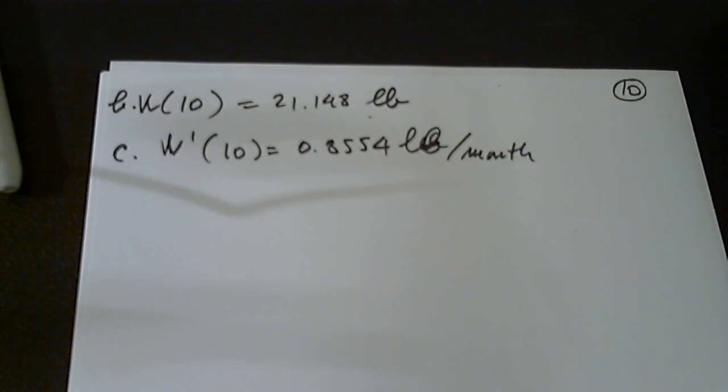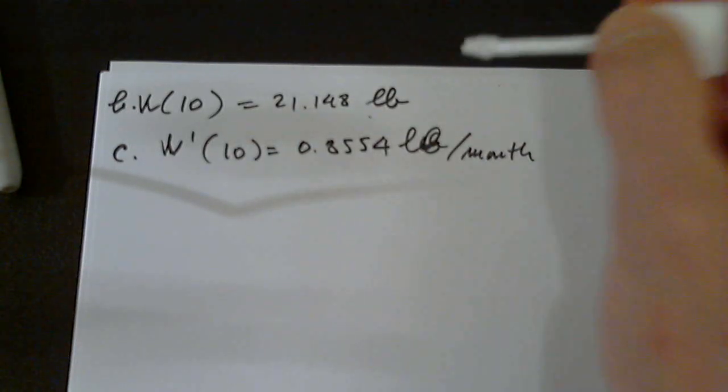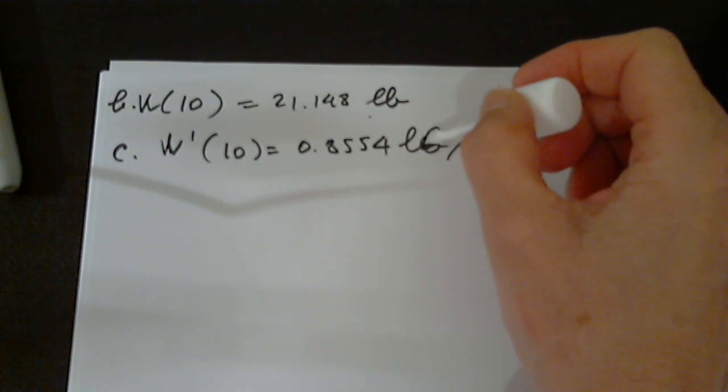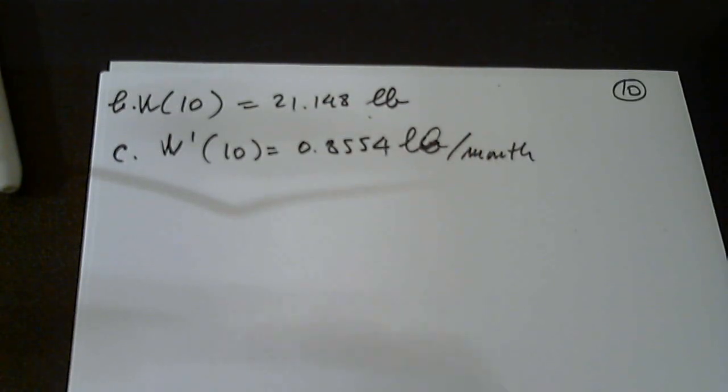Exactly. Always remember, you can never tell me that you're driving at 40 miles. You have to say you're driving at 40 miles an hour because that is the rate of change of distance with respect to time.